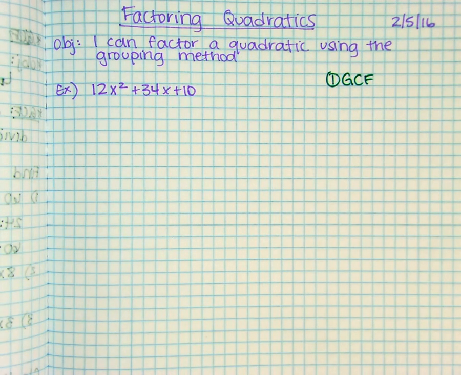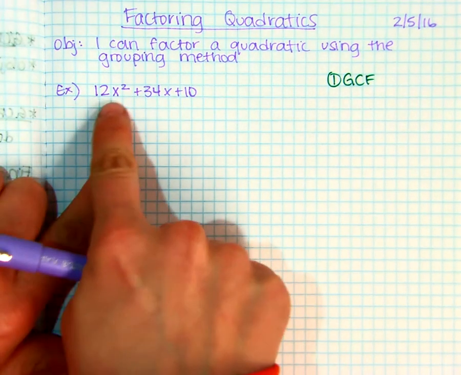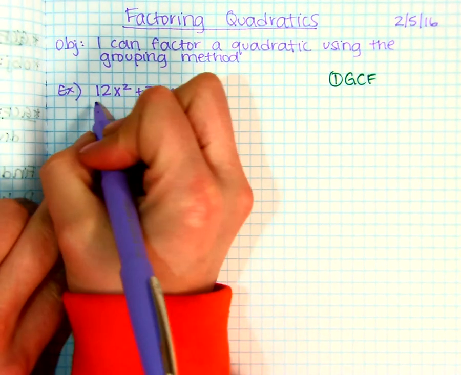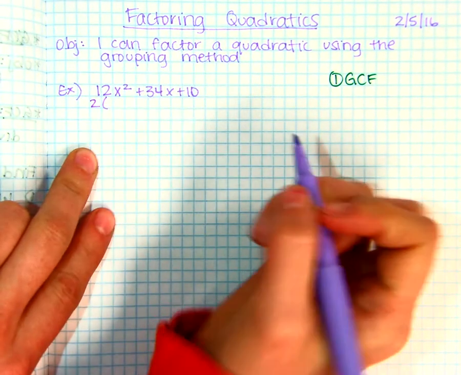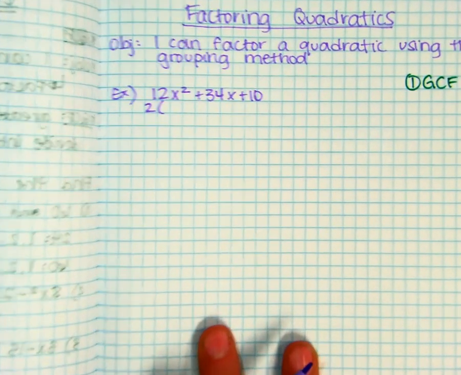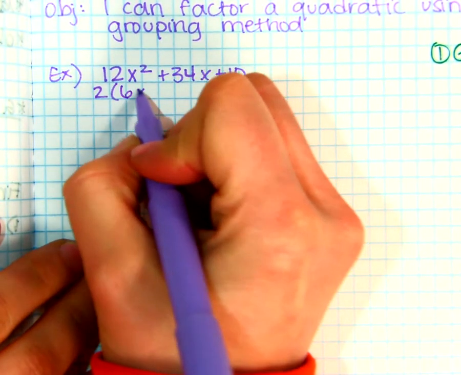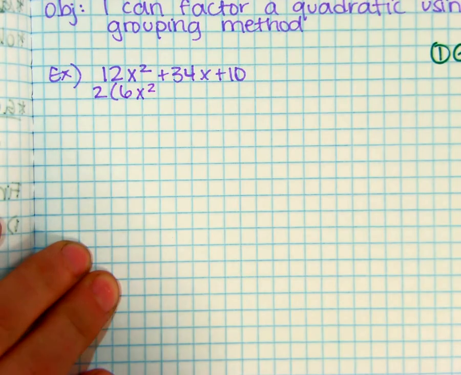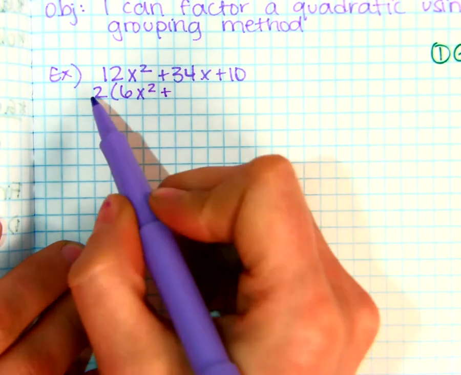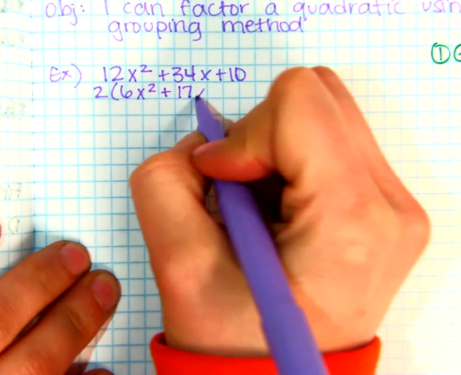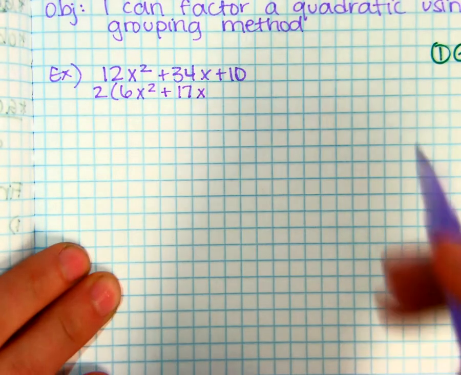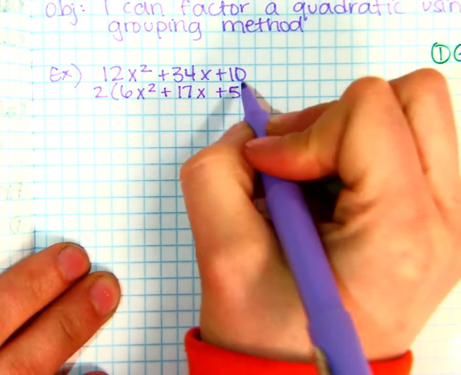I do see a common factor, not a variable but a number. So I'm going to pull out the 2, and this is going to become 2 times 6x squared would give us 12x squared, plus 2 times 17x will give us 34x, and then plus 5.